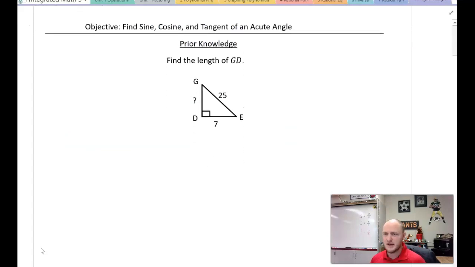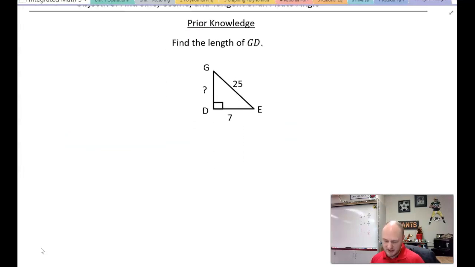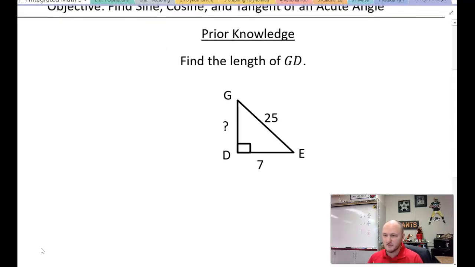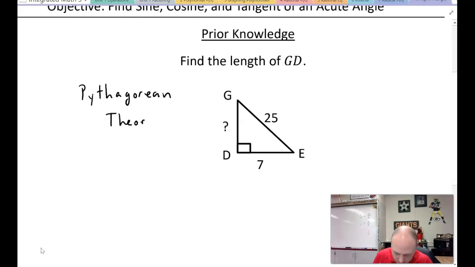Here is a prior knowledge question asking you to find the length of side GD. Now this is a right triangle, and if you have not worked with right triangles in a while, you'll remember that there is a special theorem that ties all of the sides together, and that is the Pythagorean Theorem.